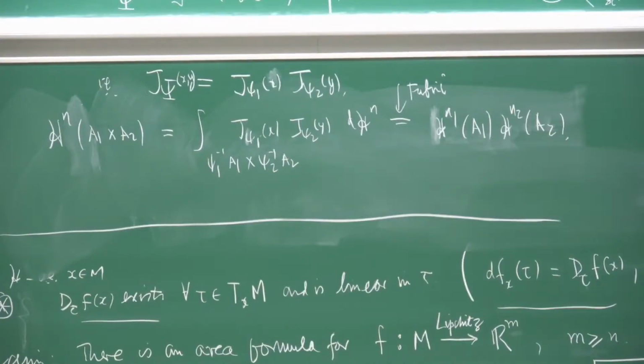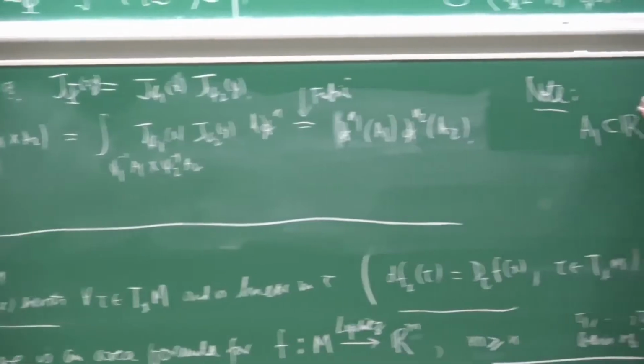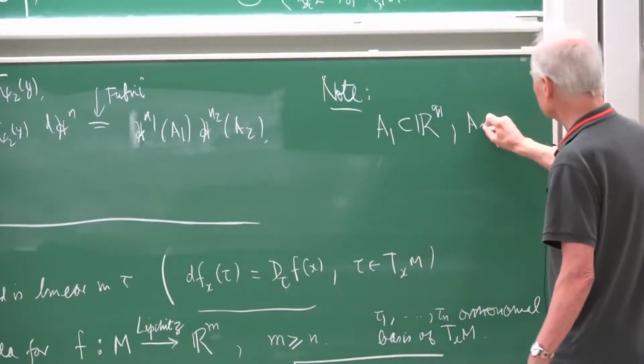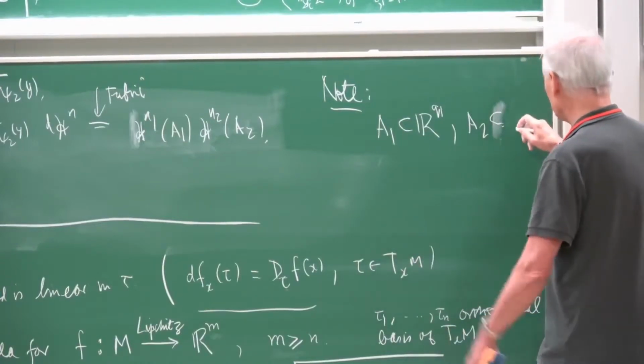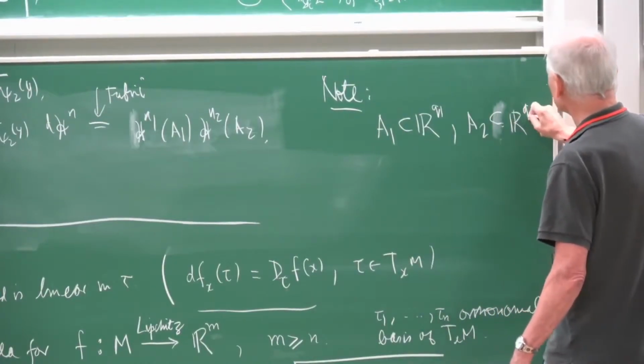That is, note, if A1 is just a subset of some Euclidean space, say R^q1, and A2 is another subset, measurable, that's fine. They can even be Borel sets, that doesn't matter.